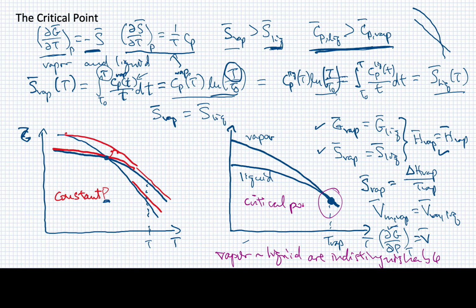And in particular, if we go to temperatures higher than this critical point or to pressures higher than this critical point, under those circumstances, we no longer can tell the difference between vapor and liquid. In fact, what we will have then is a special kind of phase that we call a supercritical fluid.